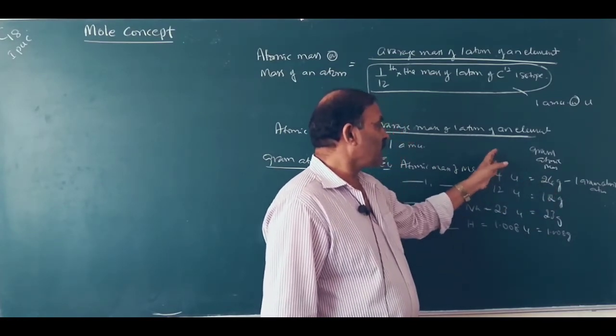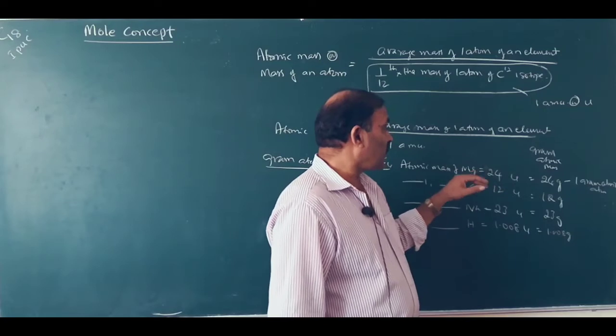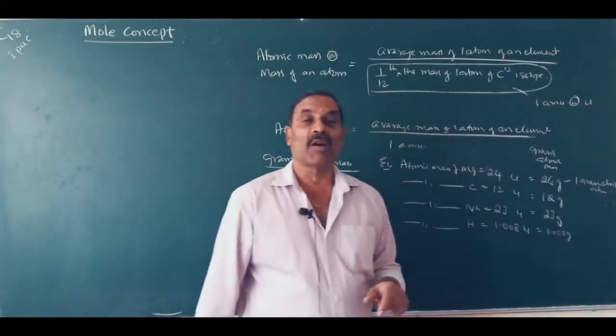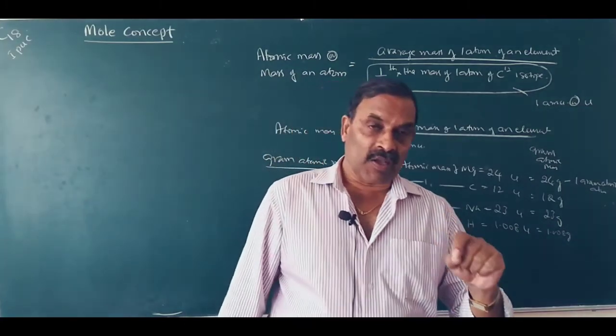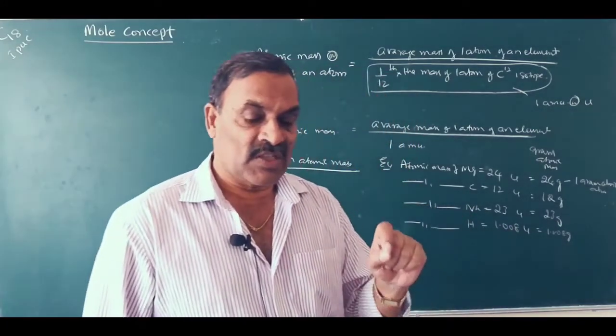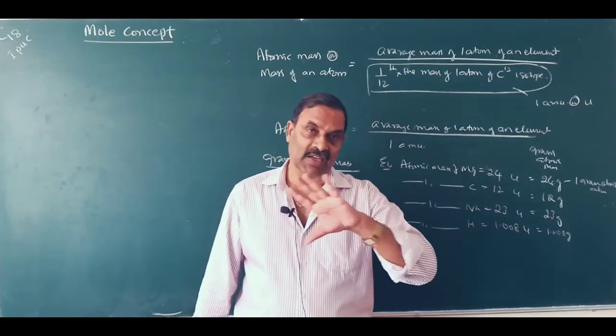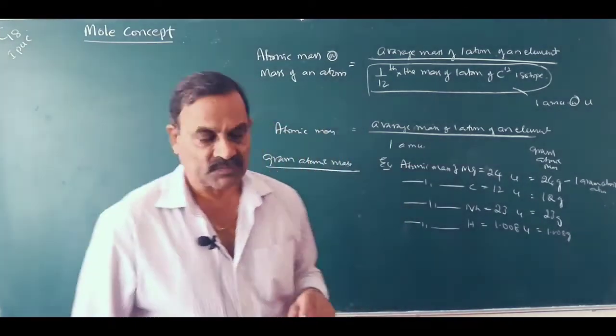So, if it is 48 grams, in 48 grams of magnesium there are 2 gram atomic masses. Atomic mass expressed in grams is known as gram atomic mass.